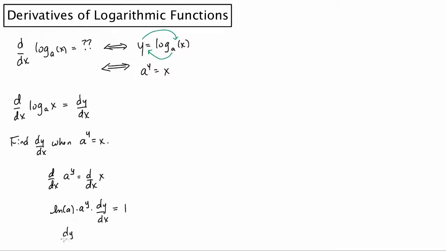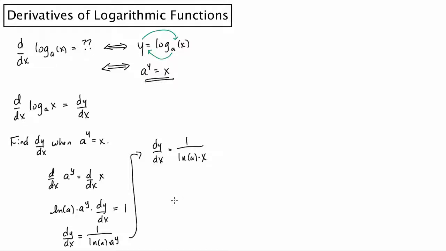And so in solving for dy dx, I get 1 over the natural log of a times a to the y. But if you look, a to the y is just x, and so the upshot of all this is dy dx is 1 over the natural log of a times x.